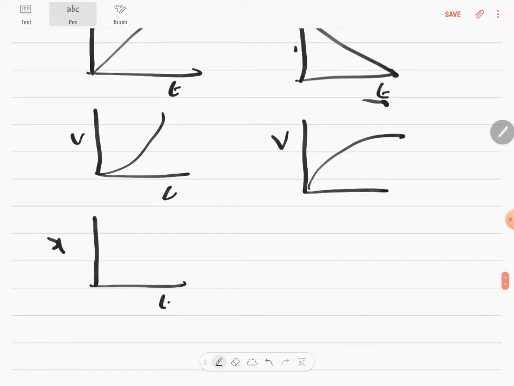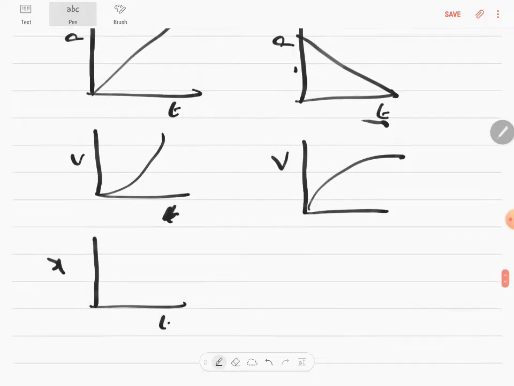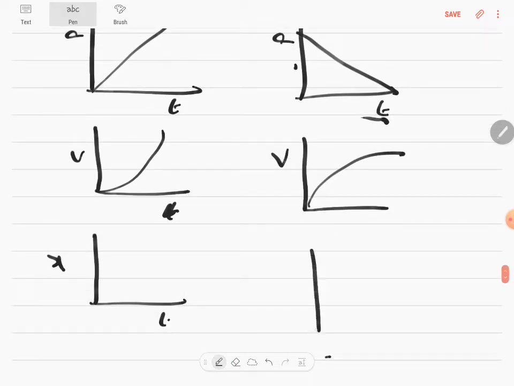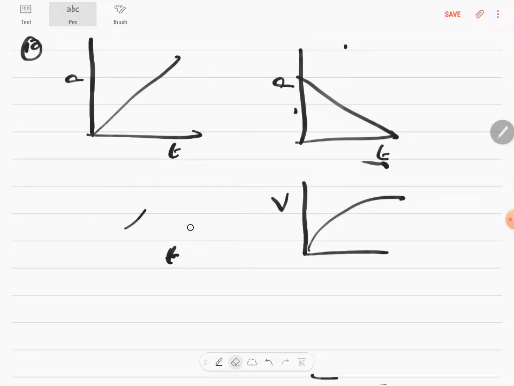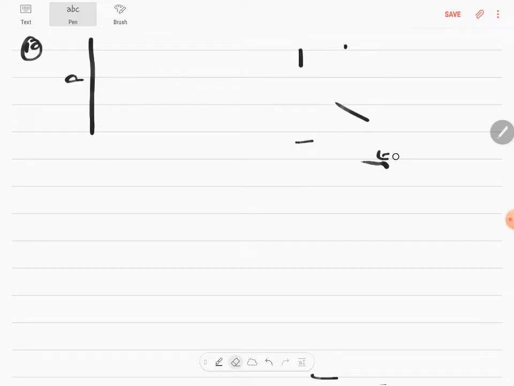The position time graph for positive acceleration and negative acceleration, once again. I am not able to do a position time graph here, so I am just thinking, and I decided that it's not this. Acceleration is a vector, so let me correct it.